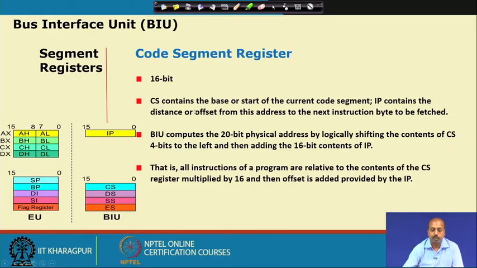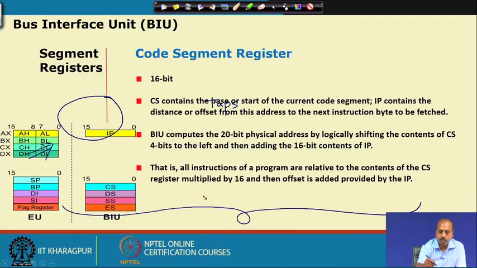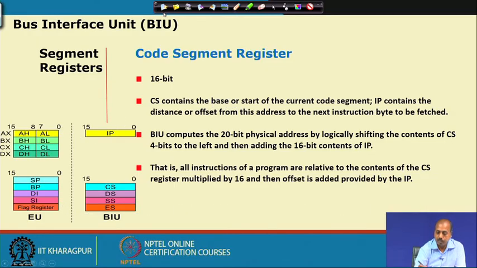The code segment register is a 16-bit register. It contains the base or start address of the current code segment, and IP contains the distance, or offset, from this address to the next instruction byte to be fetched. The address is formed as 16 times the code segment value plus the instruction pointer value.